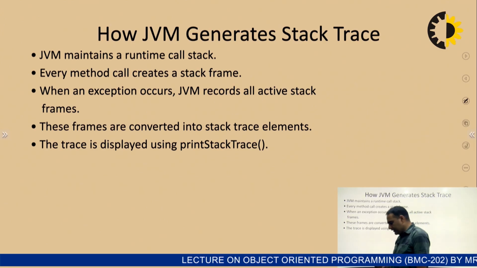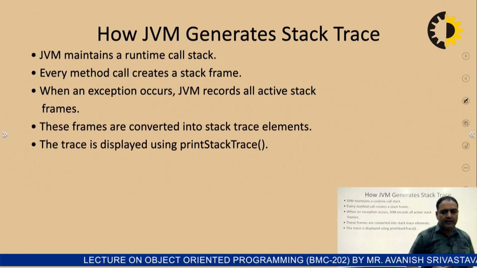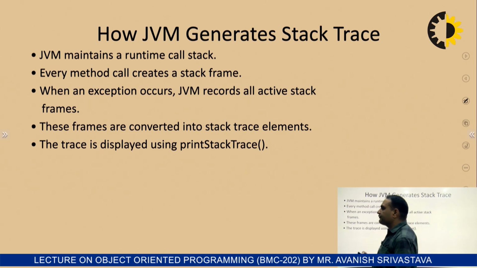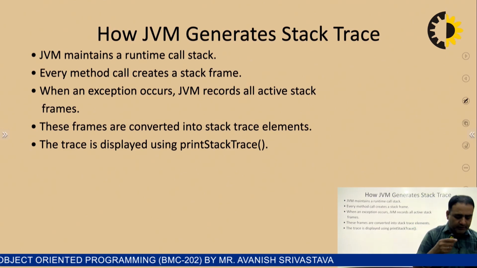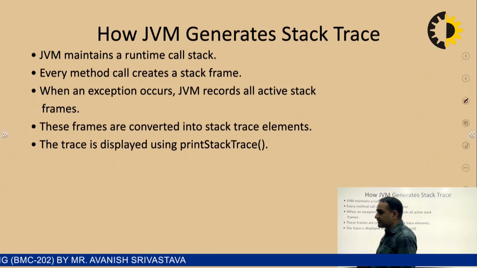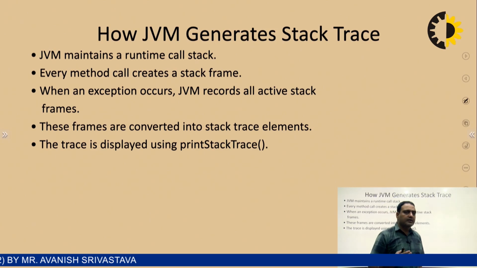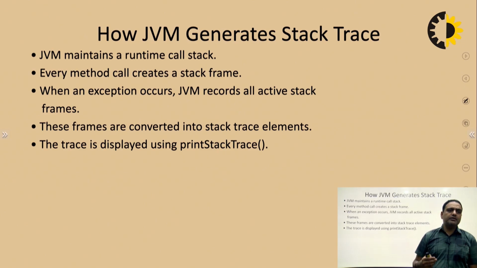That is, if you are calling a method f, and within f you are calling another method g, then control automatically goes to the definition of g, and within the g method you are calling another method h. So through the stack trace mechanism, every method call creates a stack frame.